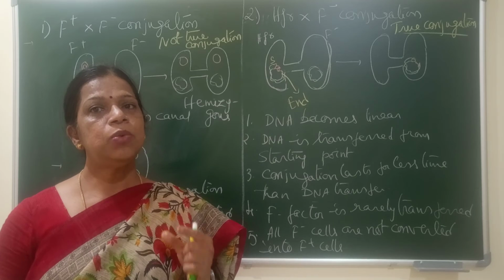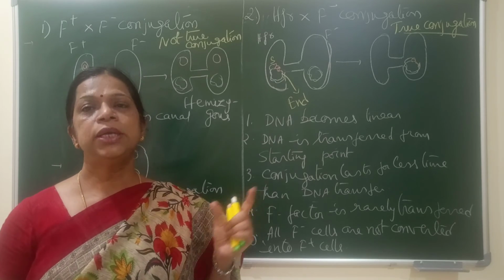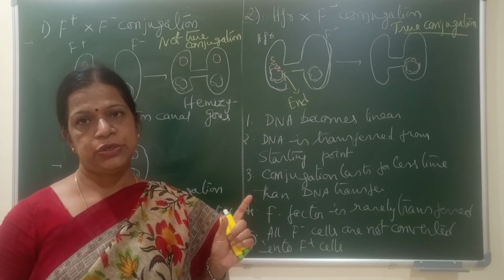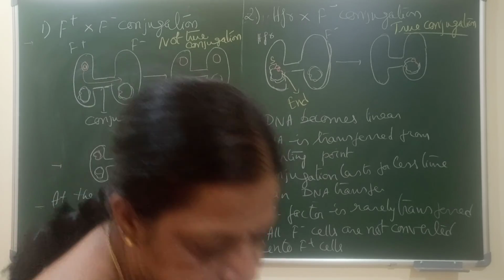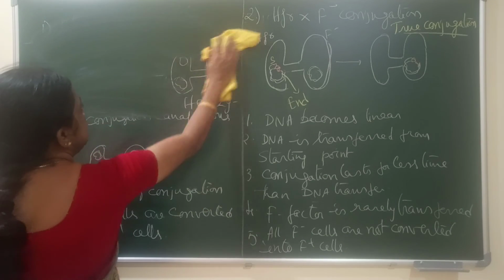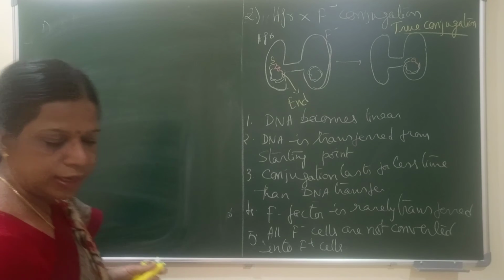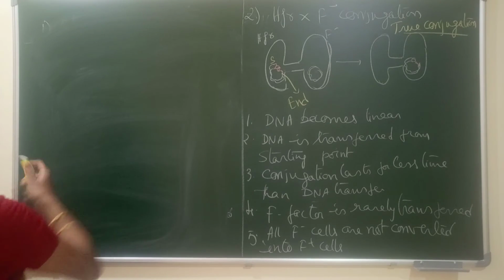In the end, I want to discuss a small numerical associated with this type of conjugation. I am going to give one numerical based mainly on F plus and F minus conjugation. So first I will write the question here.